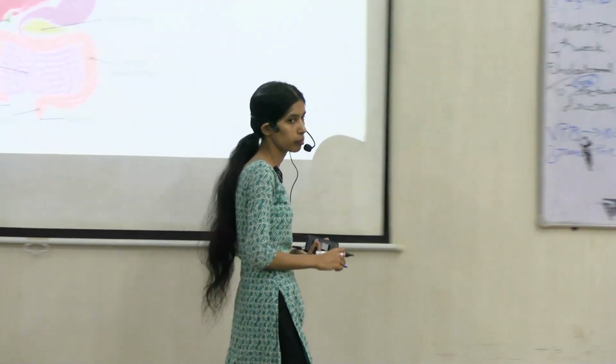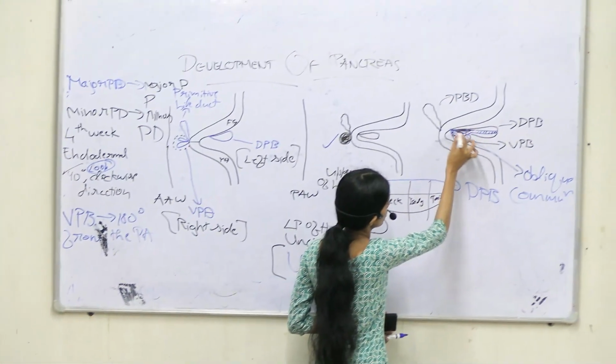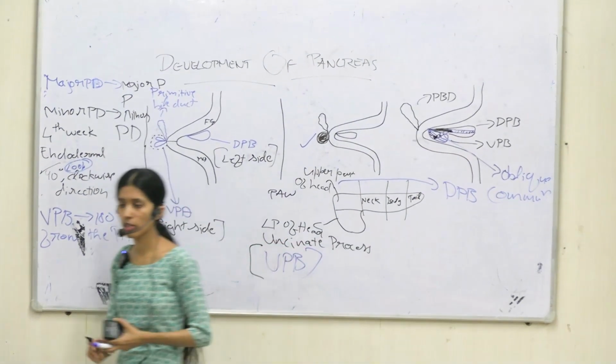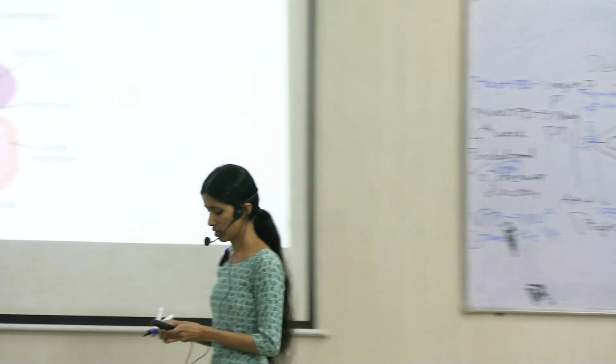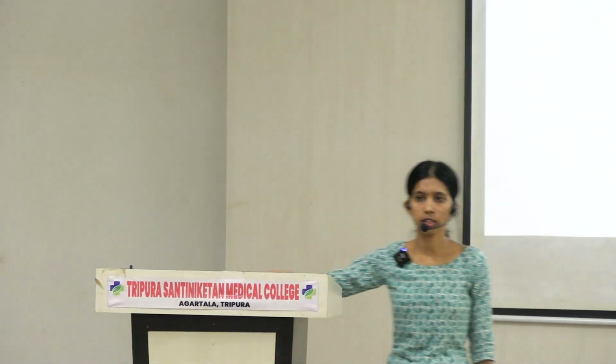Your accessory pancreatic duct is formed by the proximal duct part of the dorsal pancreatic bud. This is how the major and minor pancreatic duct development takes place. Any doubts?